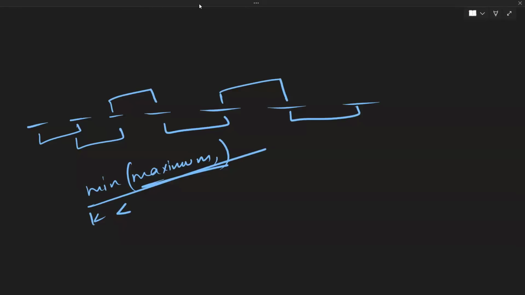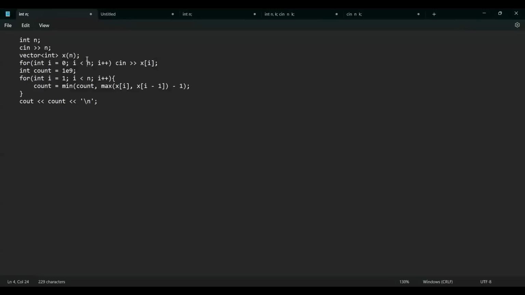Okay, so let me show you the implementation. I am taking all the numbers as input, and this is my final answer, count. Count is the minimum of count and the maximum of this subarray, xi and the previous element.